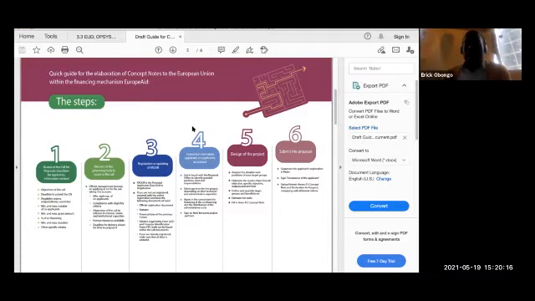Because I know this is not a decision of one person. You have to engage your management and maybe the board of directors of your organization for them to give you an okay to engage with those people so that you can start involving them from the very start in the planning of the concept note.